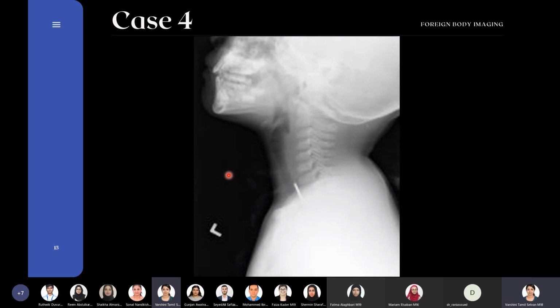Yep. Okay. So this is the lateral view and this is the coin. Now, Mariam, can you tell me if it's in the esophagus or the trachea? Yeah, we can see it now. It's in the esophagus. Exactly. It's in the cervical esophagus, lower cervical esophagus.